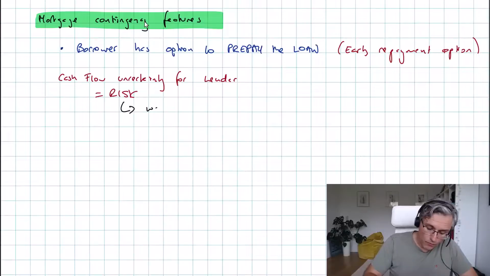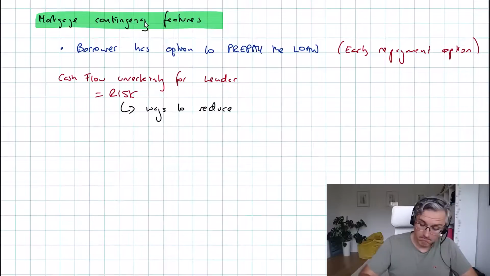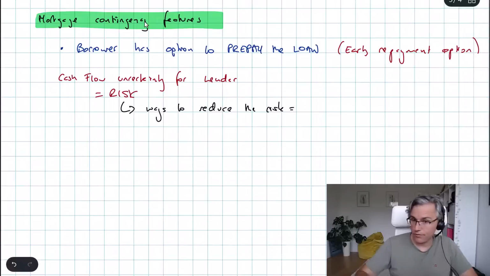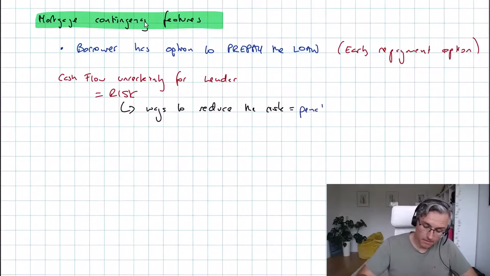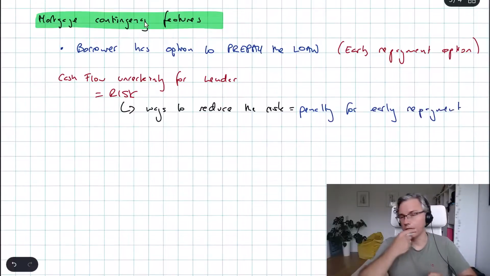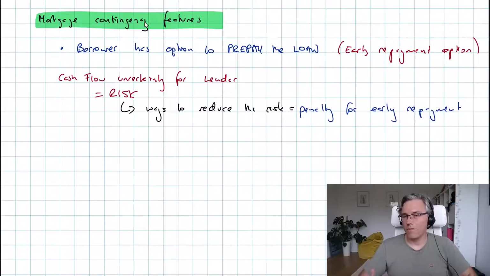So some of the ways to reduce the risk, for example, introduce a penalty for early repayment. And the design of that penalty is such that it's supposed to compensate the lender for the interest lost.